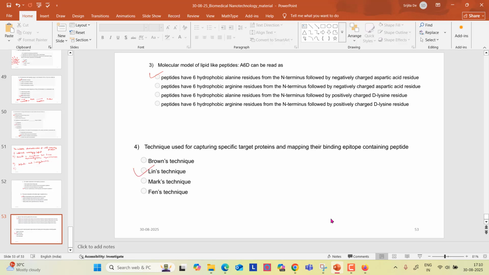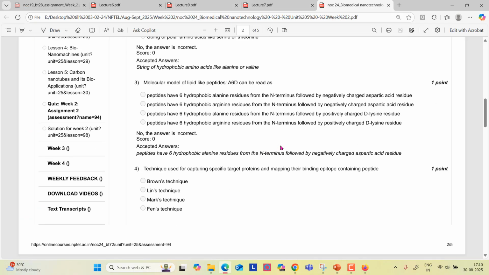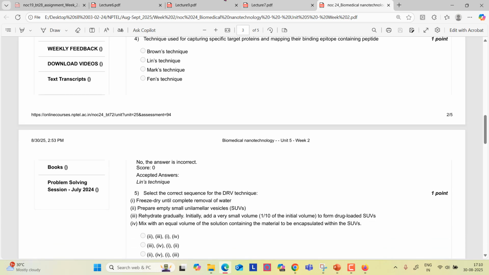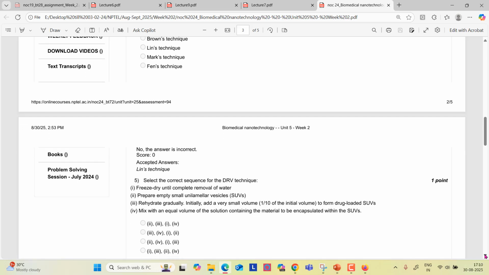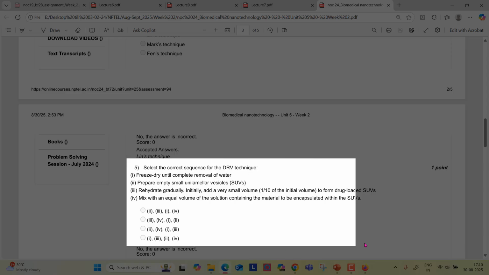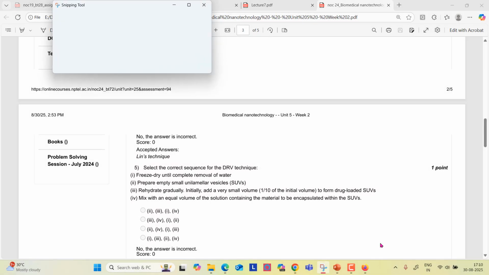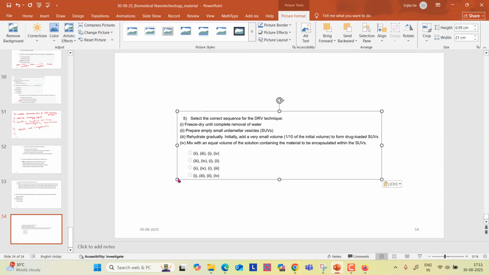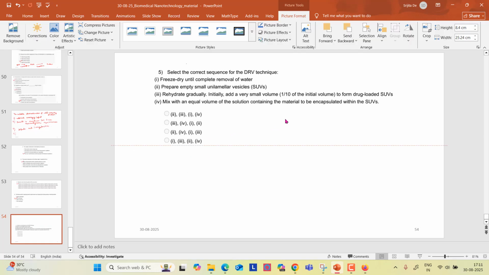So you can go through the peptide portion. It is there in the notes. Question number 5 is, select the correct sequence for the DRV technique.